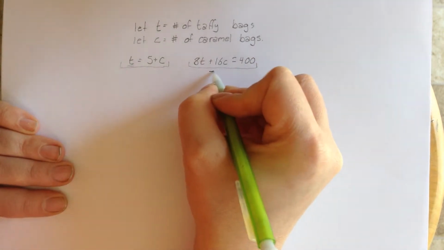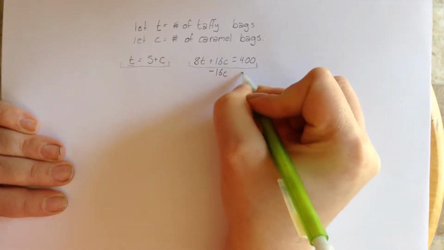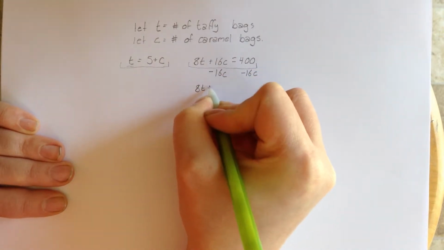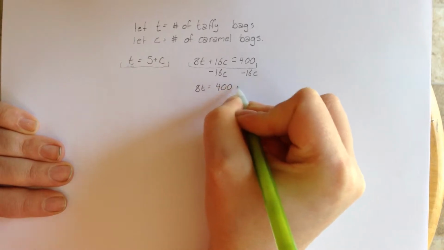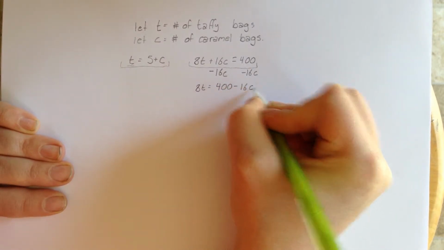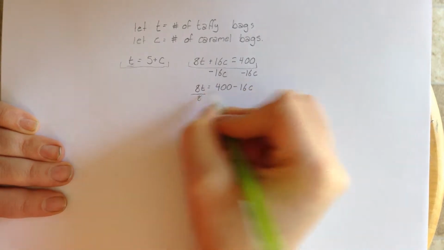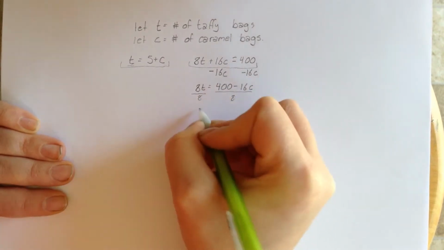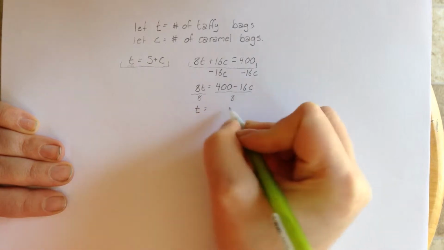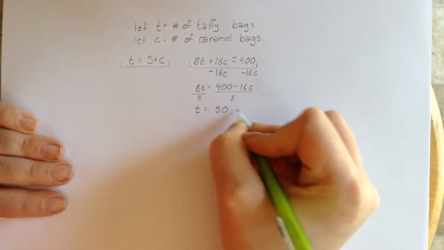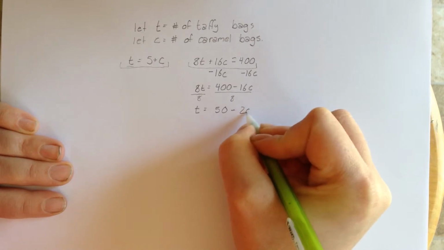So I'm going to start by subtracting my 16c so that I have 8t equals 400 minus 16c. And then I want to divide both sides by 8. I end up with t equals, 400 divided by 8 is 50 minus 2c.